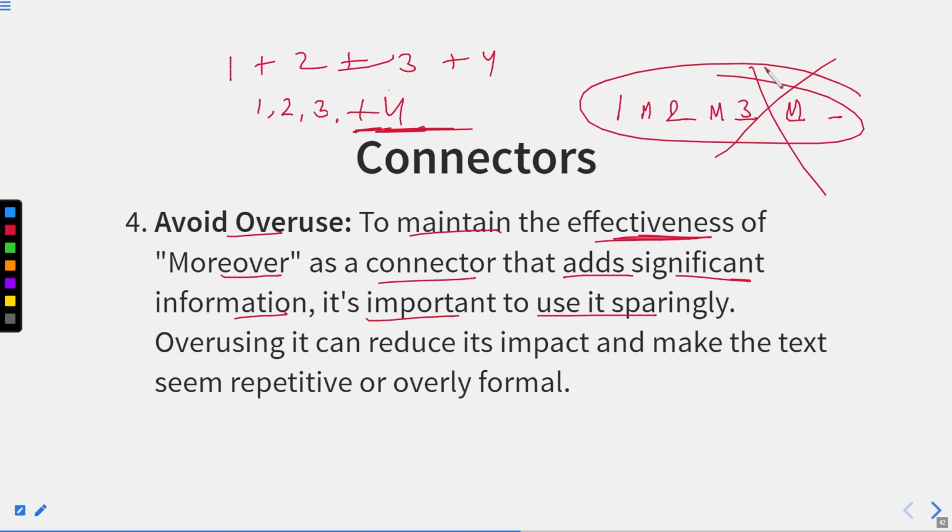This will not make the sentence complete or correct. So try to use moreover with the relevant or the last information. Overusing it can reduce the impact and make the text seem repetitive or overly formal.